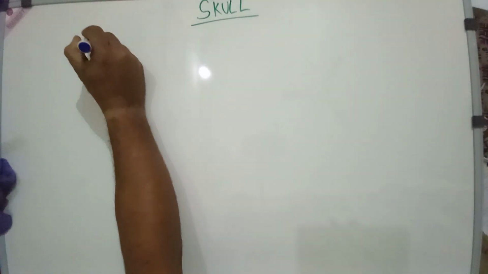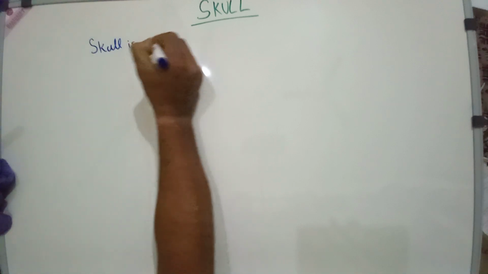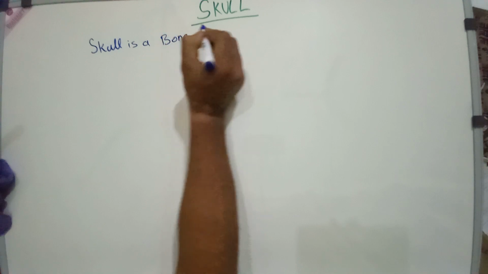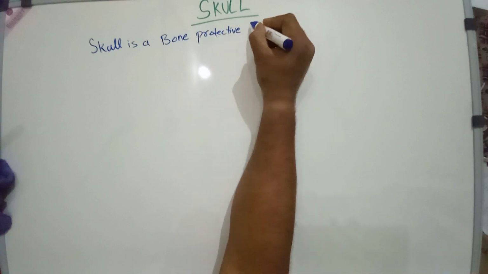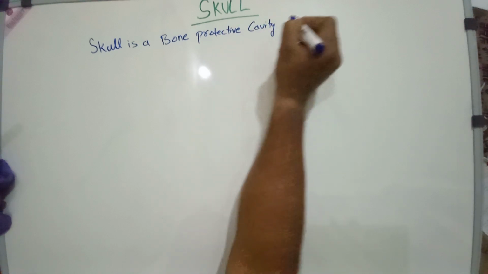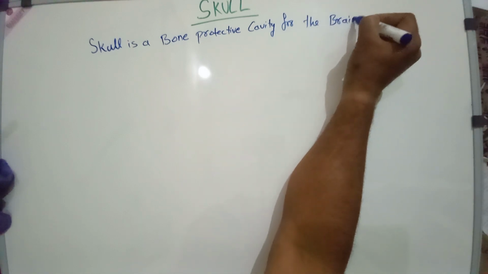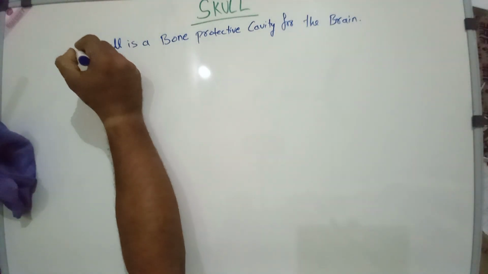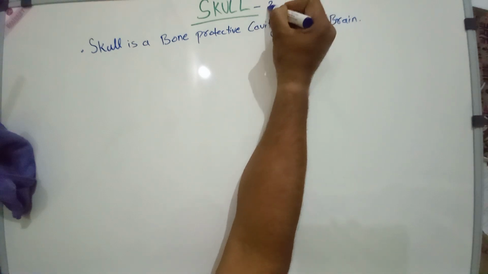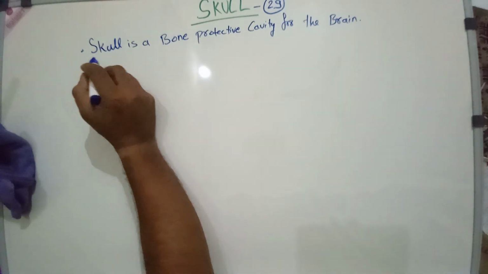First, skull is a bone, protective cavity for the brain and composed of total how many bones? 29 bones. How they are? Let's discuss.